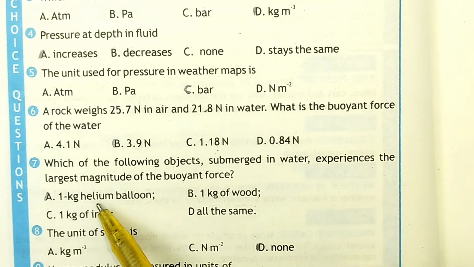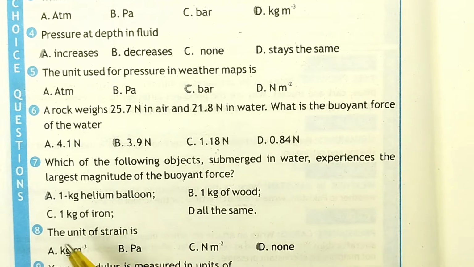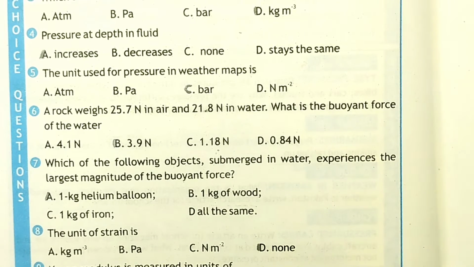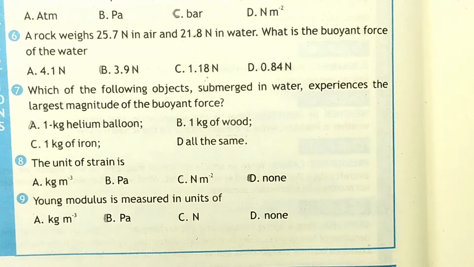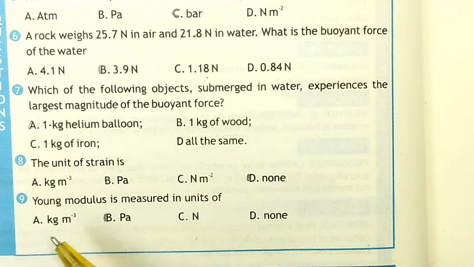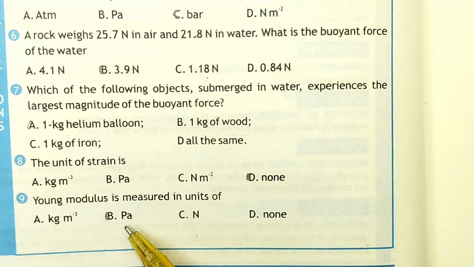Option A, 1 kilogram helium balloon. The unit of strain is option D, none. There is no unit for strain. Young modulus is measured in unit of Pascal, Pa.